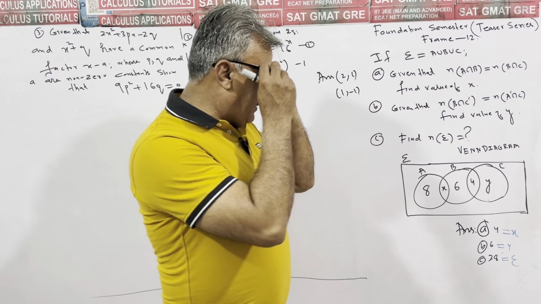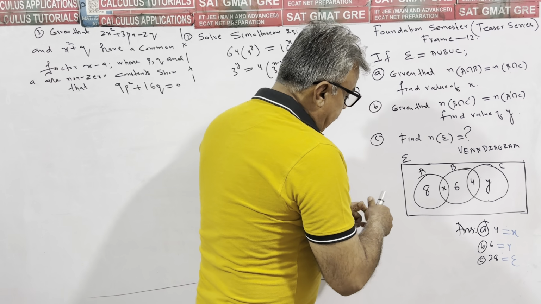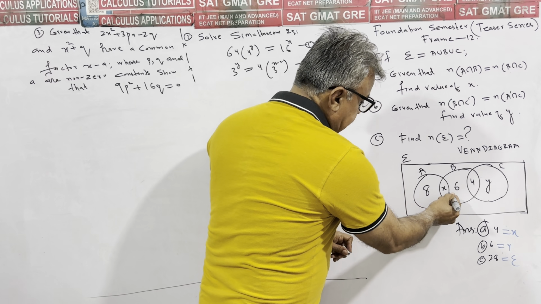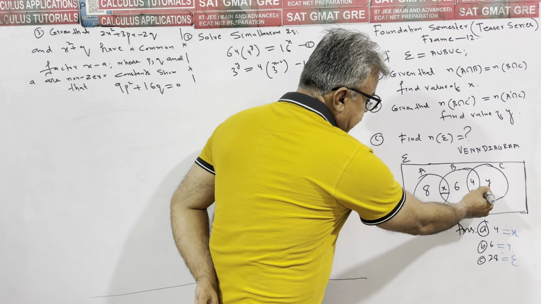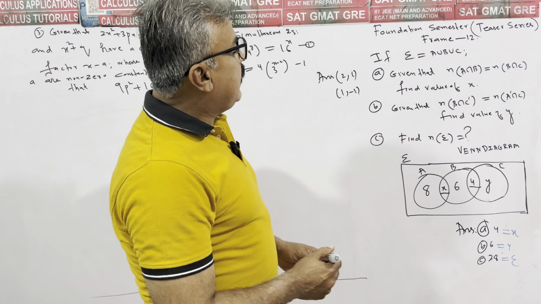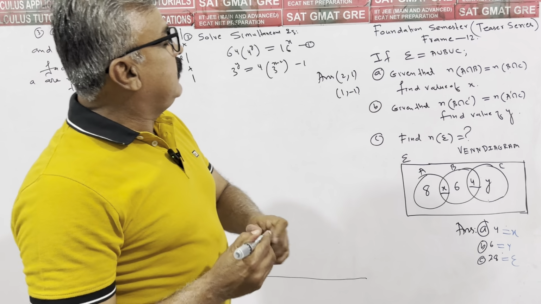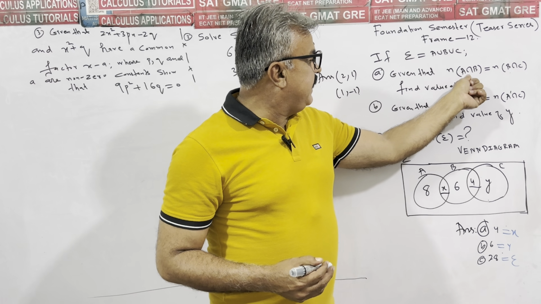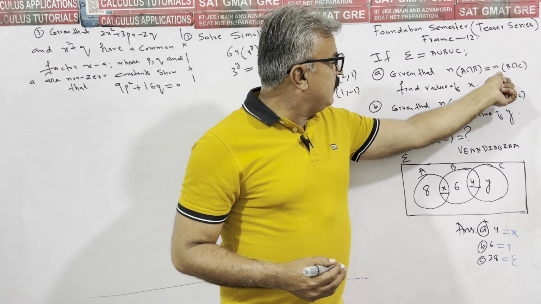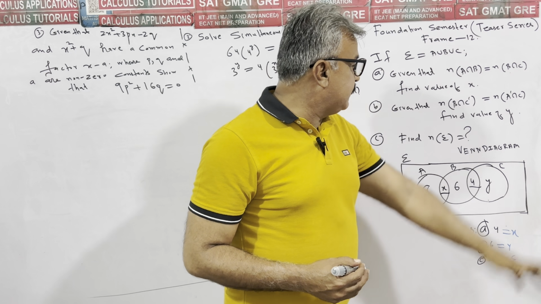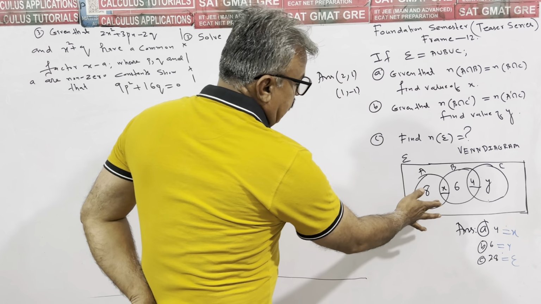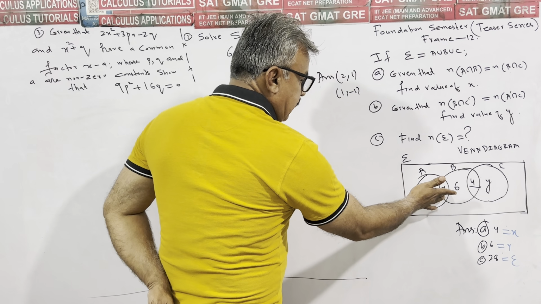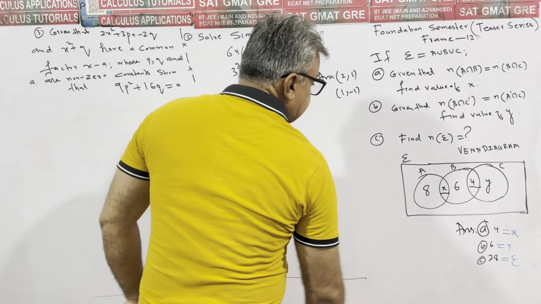The overlapping portion of A and B is X. The overlapping portion of B and C is 4. We are given some conditions: the number of elements in A intersection B is equal to the number of elements in B intersection C. It means the common portion of A and B is equal to that of B and C.